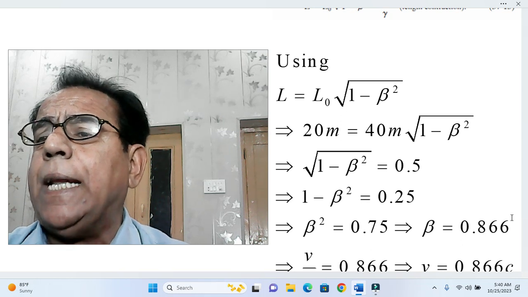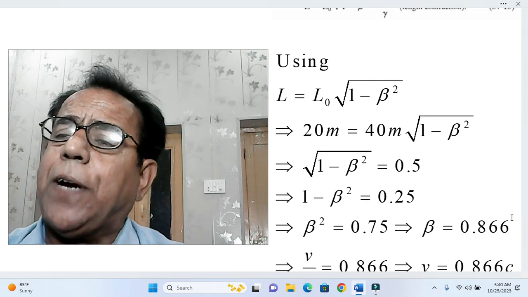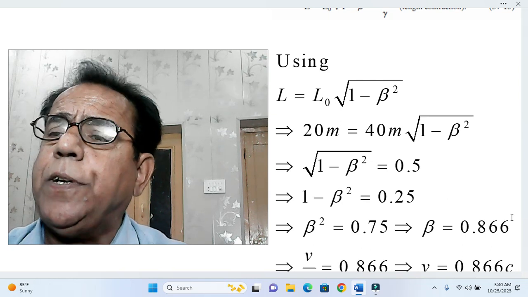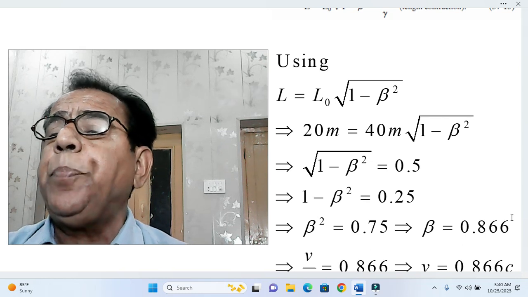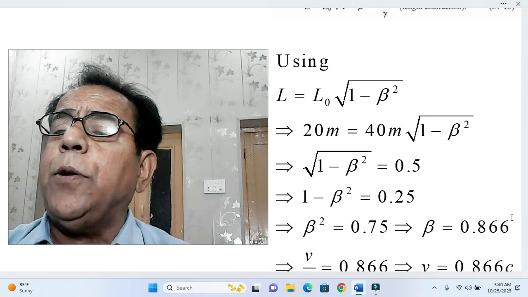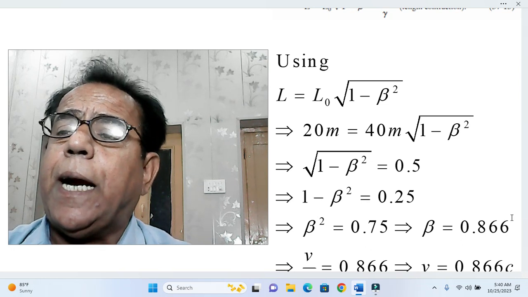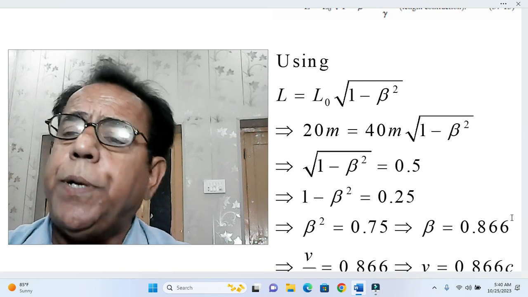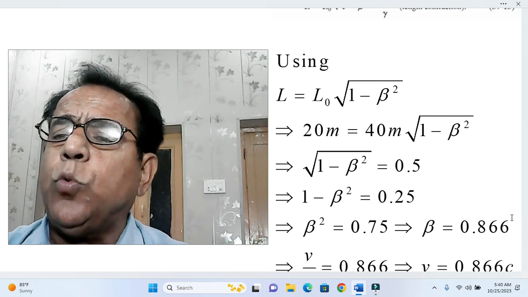Because L is 20 meter and L naught is 40 meter, under root 1 minus beta square will become equal to 20 over 40, or in other words 1 by 2.